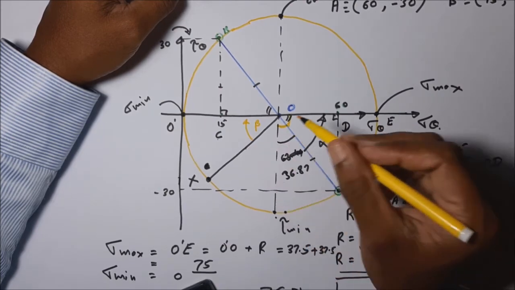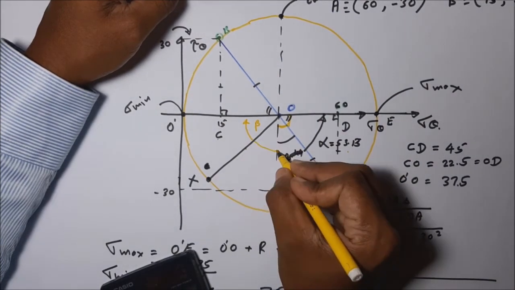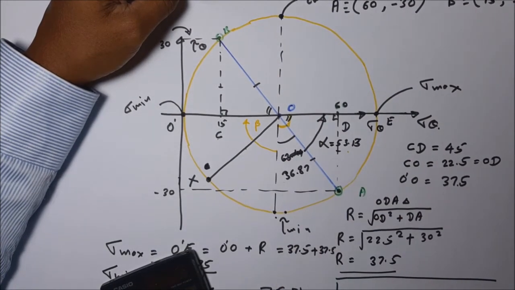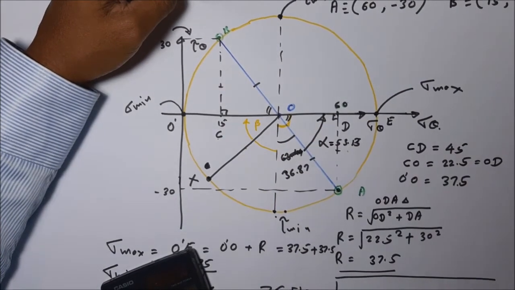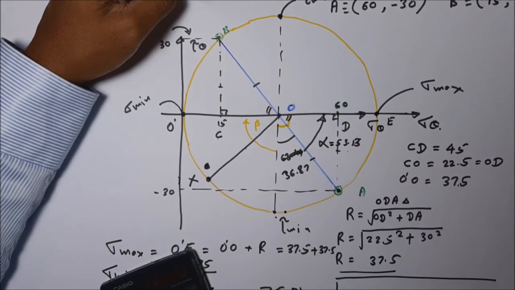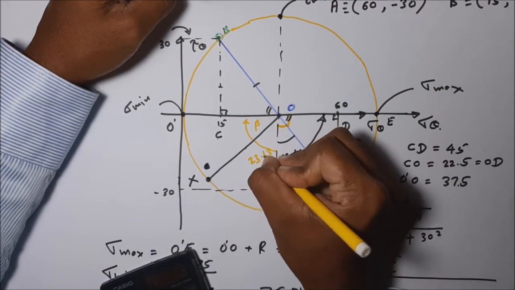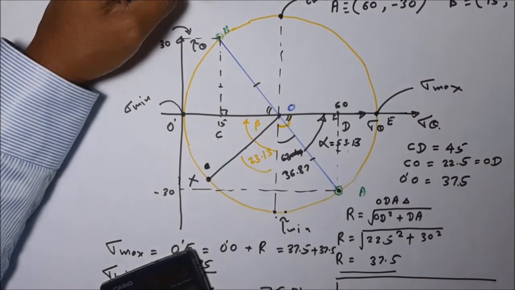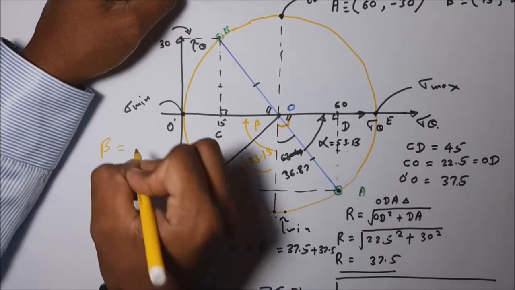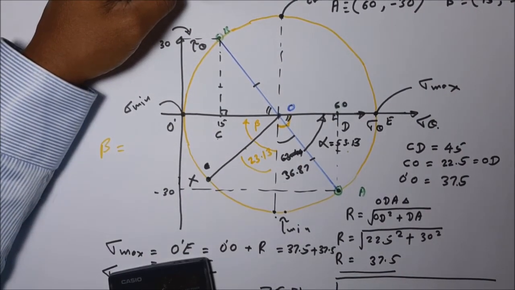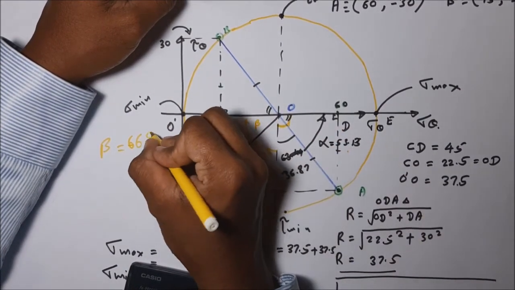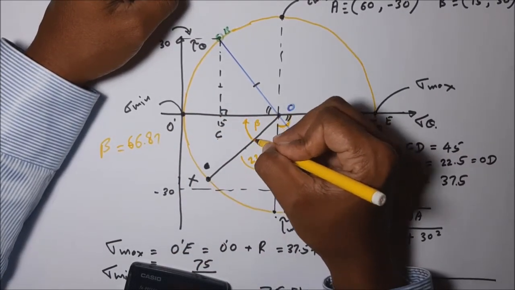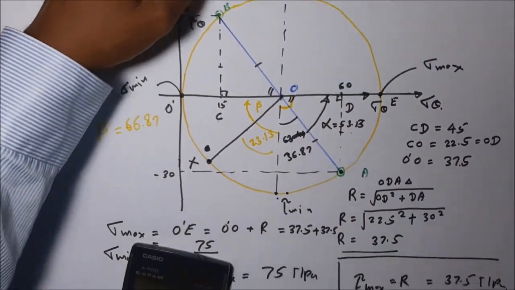From this point to this point is 60, so this angle is 60 minus 36.87, which is 23.13. Then beta is equal to 66.87. Then we can easily find the unknowns.